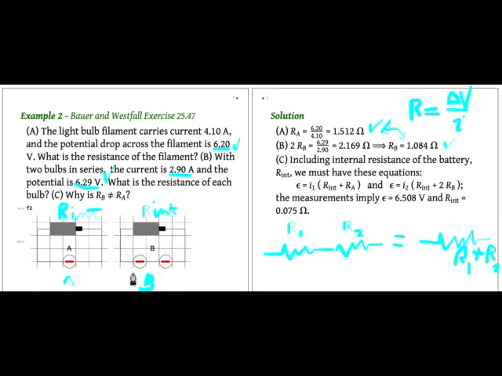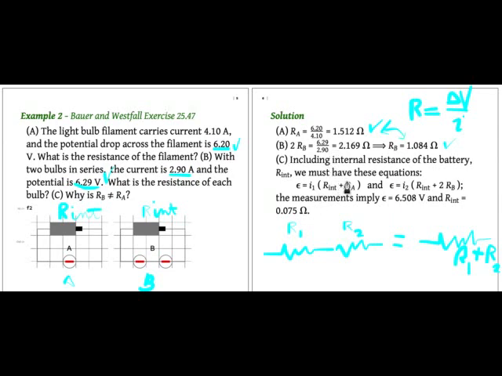And so this filament, or the filaments in this case, will end up with a lower resistance because it's not as hot as the filament in this case A. So to account for the fact that the two measurements give different values for the resistance, first of all, you have to take into account the internal resistance of the battery to figure out what the EMF of the battery is.